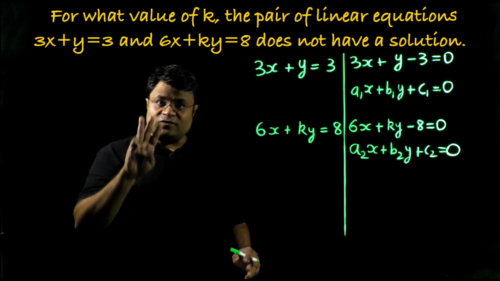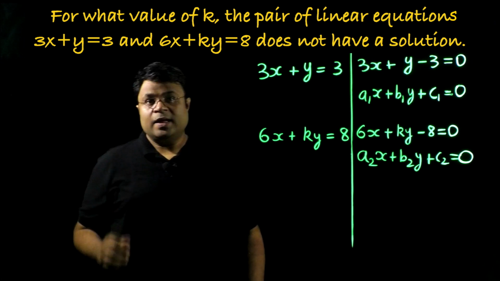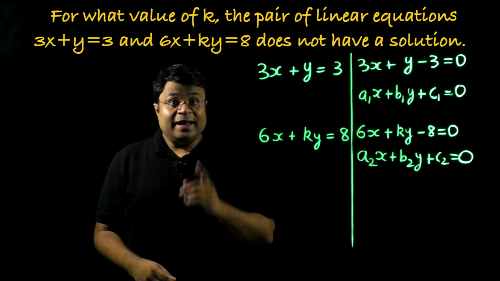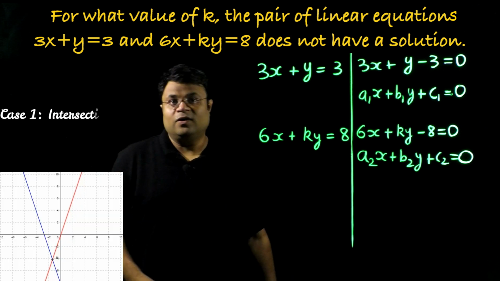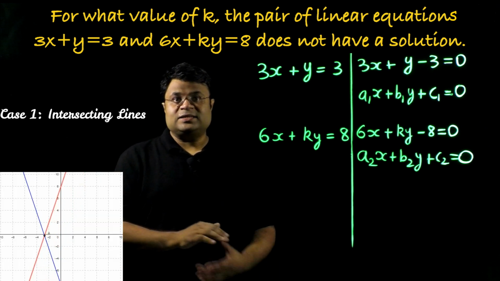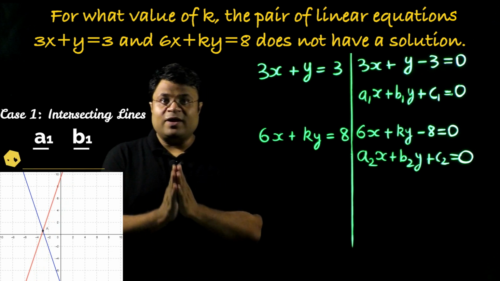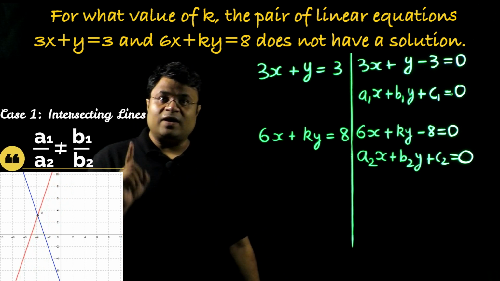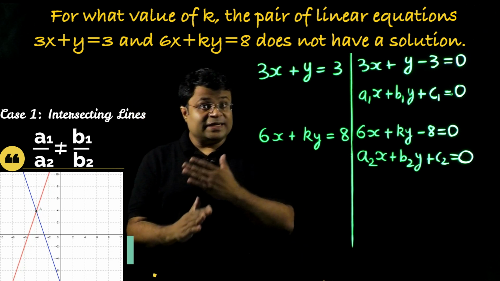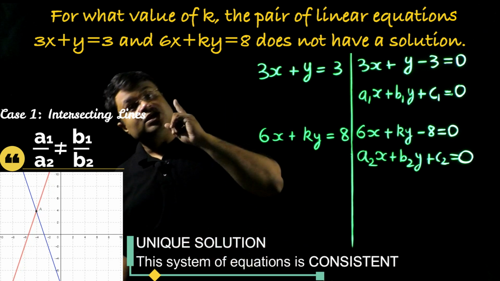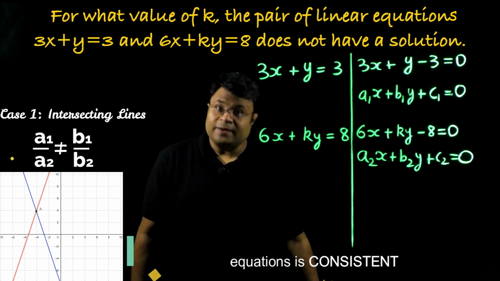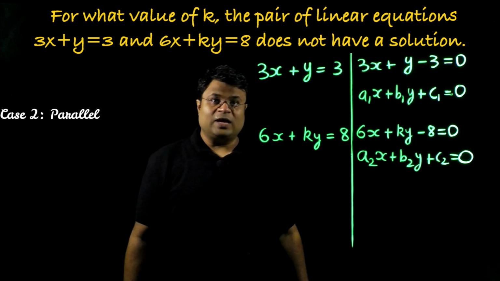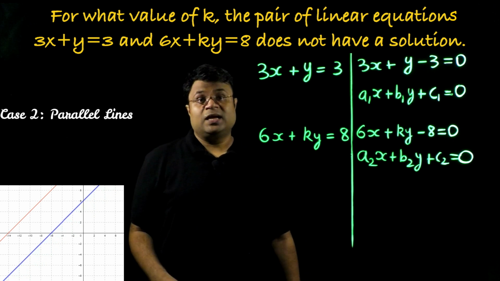So here we have three cases. Alright, let's have a quick look at the three conditions. Condition 1, intersecting lines. The condition is a1 upon a2 is not equal to b1 upon b2. Intersecting lines mean unique solution. Next, parallel lines.